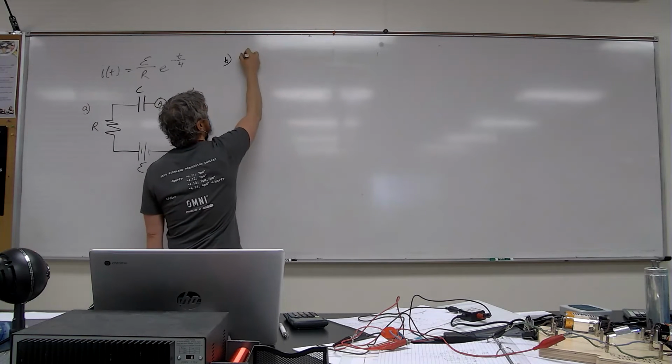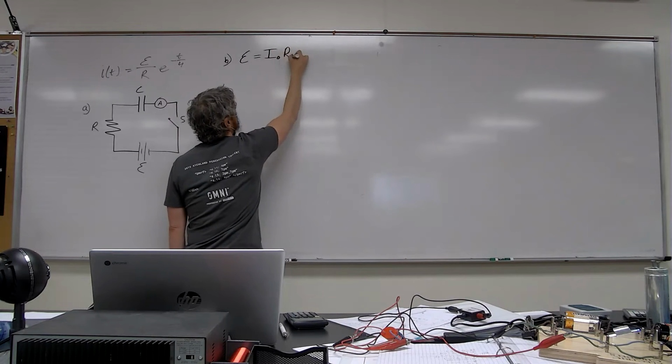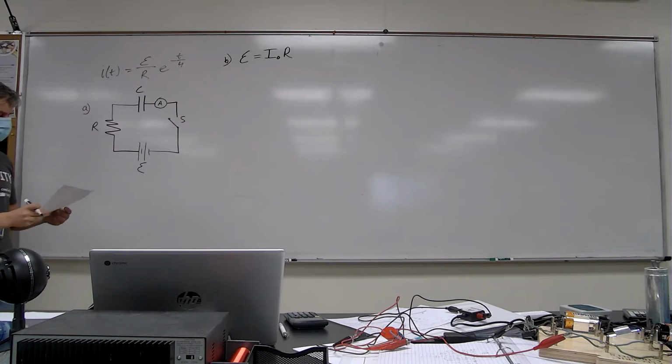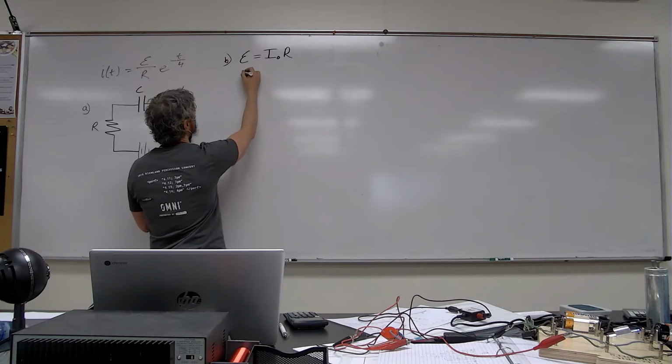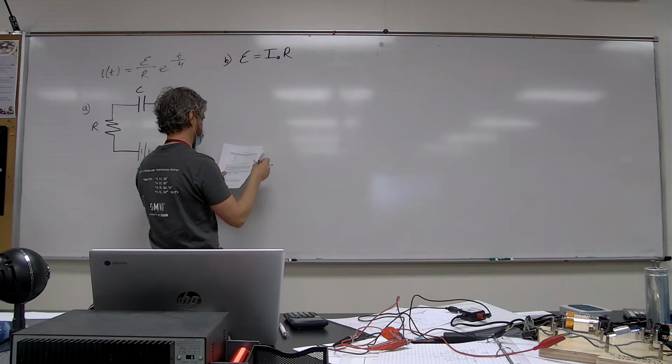So I can say that epsilon, the battery voltage, equals the initial current through the circuit times the resistance, which is just the resistance of the resistor. Can I get the initial current from the information given? Yeah, it's 0.01.